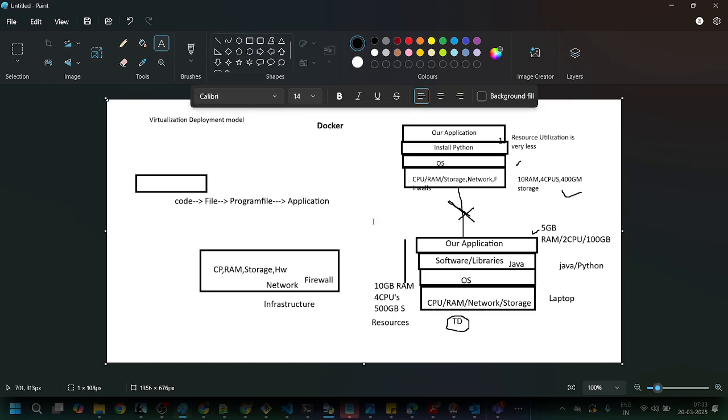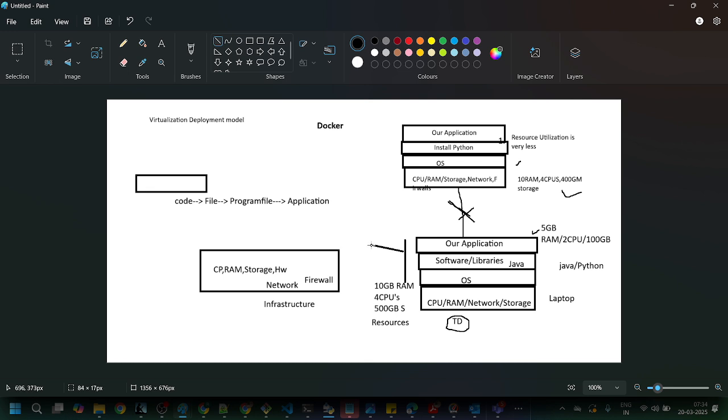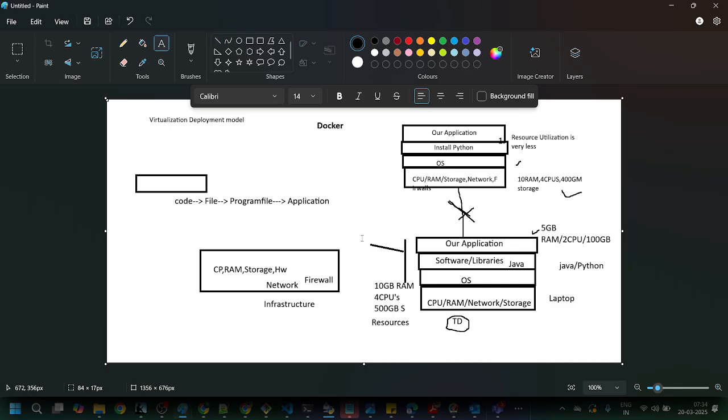That image becomes an ISO, a dot ISO image. It will be around 3 GB, 4 GB or 5 GB in size.